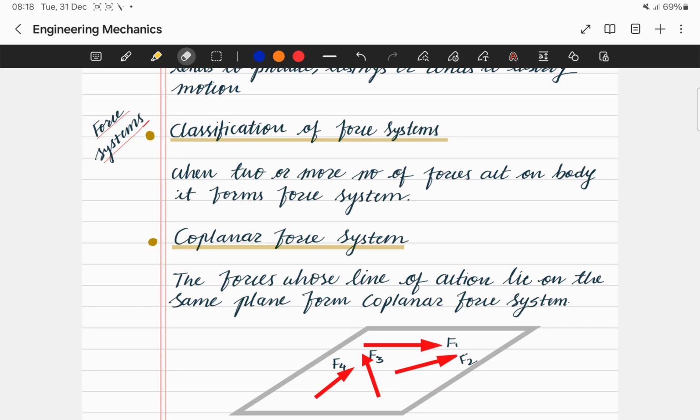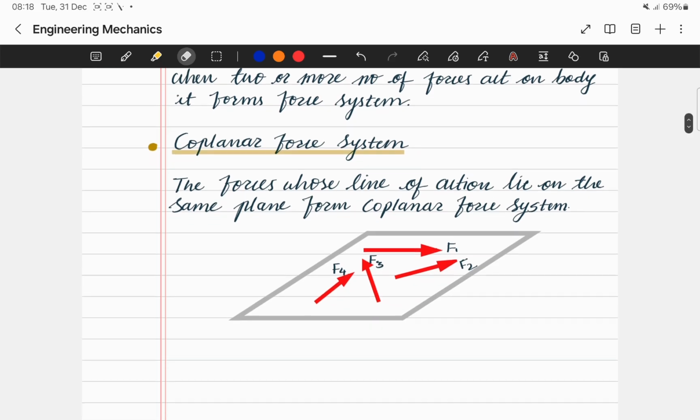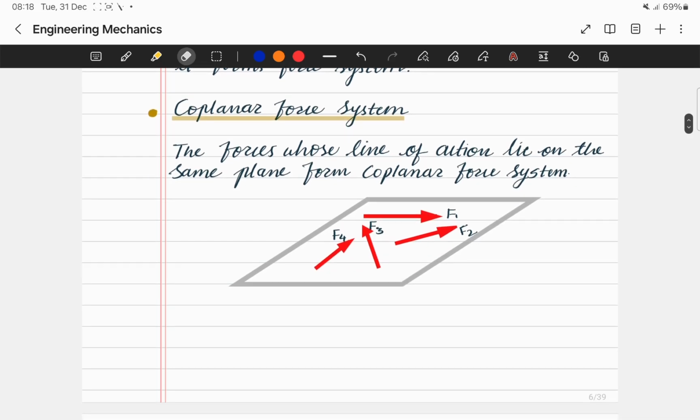So, coplanar force system: the forces whose lines of action lie on the same plane form a coplanar force system. If we consider a certain plane and the forces are acting on it, the direction is not important. They can act in any direction, but they are on the same plane.